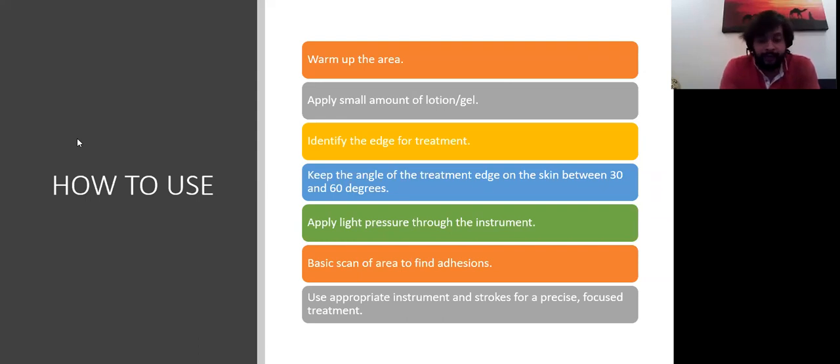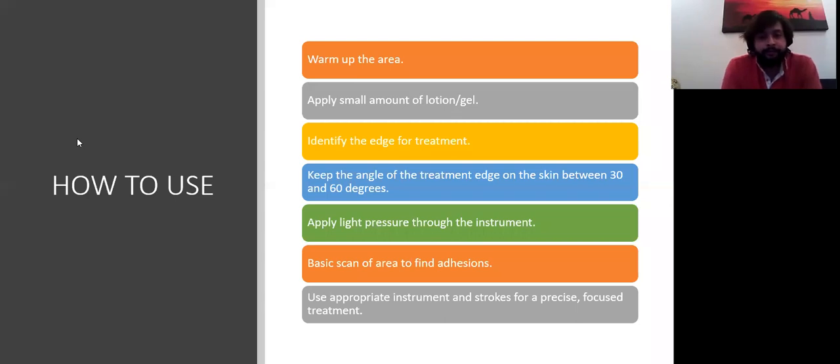But if I am treating a small tendon or something, there are multi-curve tools, which I don't have right now, sorry. But you can use a multi-curve tool, which again comes in different sizes, small, medium, and large. So according to the size, you can use the tool, identify the edge, and then treat the part.